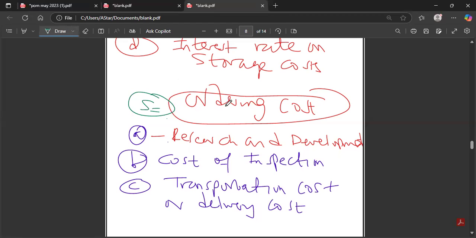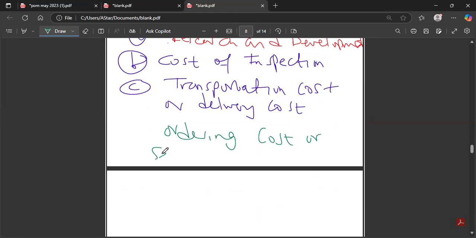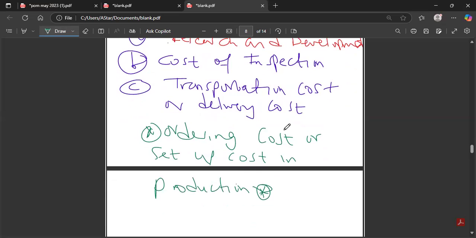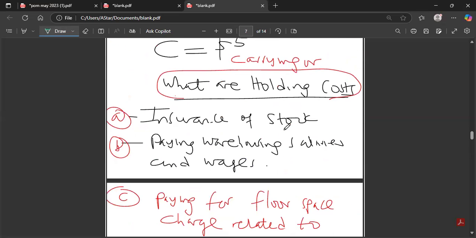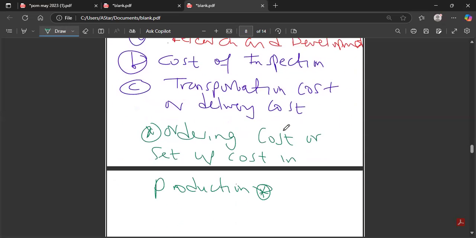Ordering cost is also called setup cost in production. Are you with me? All right. So you can copy these ones right away: insurance, storage cost, ordering cost.